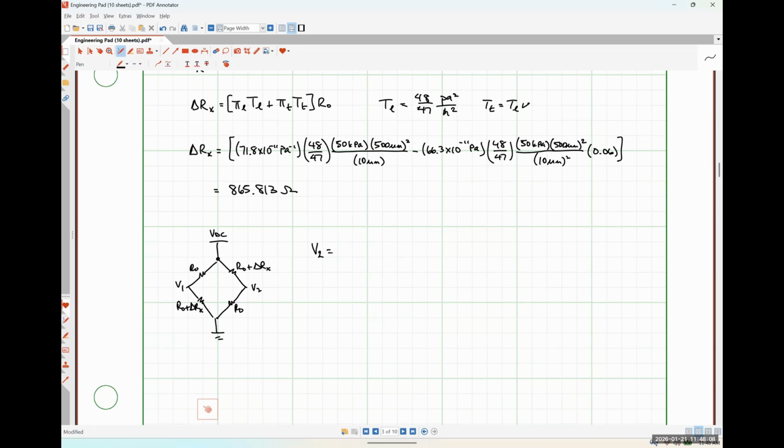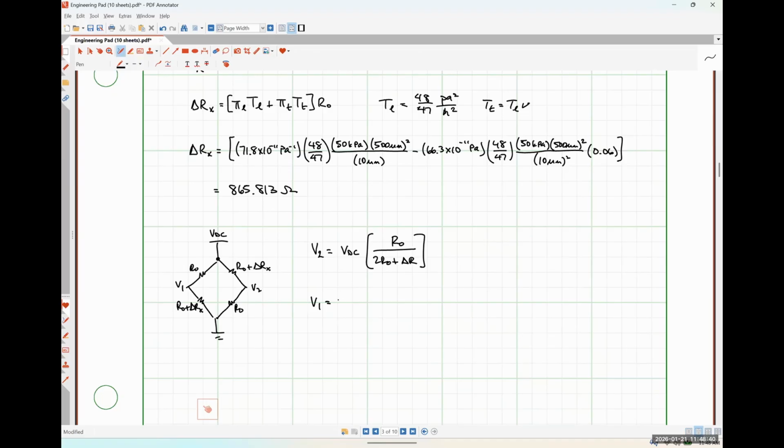So V2 using voltage division is going to be whatever our DC voltage is, which I don't think I said, but I usually just use 5 volts for this, times R naught over twice R naught plus delta R. Actually, yeah, that'll matter.